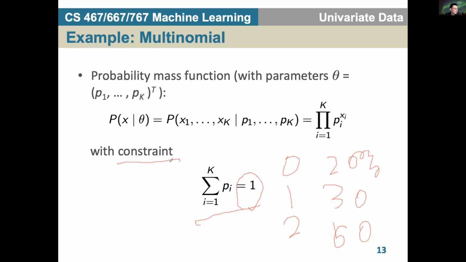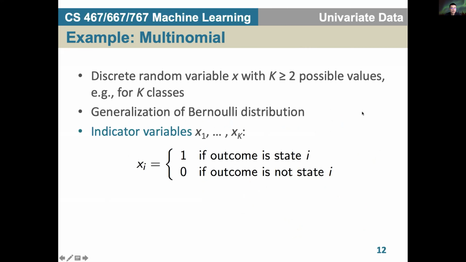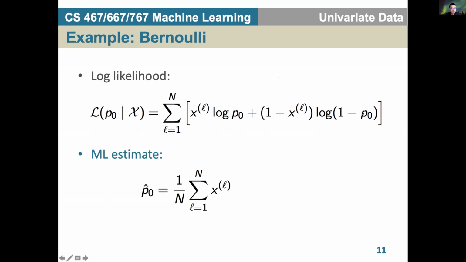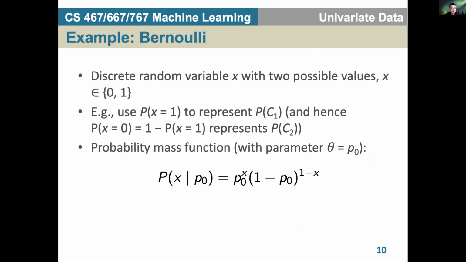And when talking about constraint, we know that we have constrained optimization. This is where Lagrangian comes in. The previous example is a special case of this example. If you look at the previous example, you can equally say that 1 minus P0 is P1.